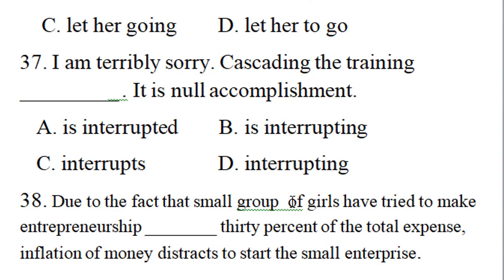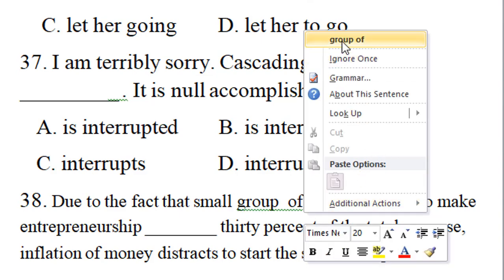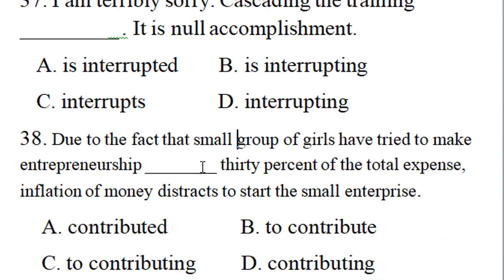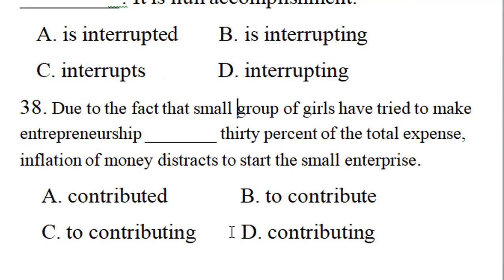So the answer is here. The other question here is: due to the fact that a small group of girls have tried to make entrepreneurship their 30% of the total experience inflation of money distract to start the small enterprise. Yeah, the question is of course grammar, but what I wanted to ask is still the word.